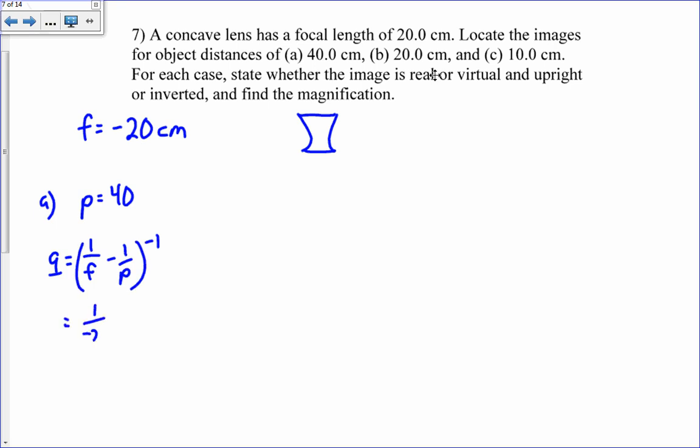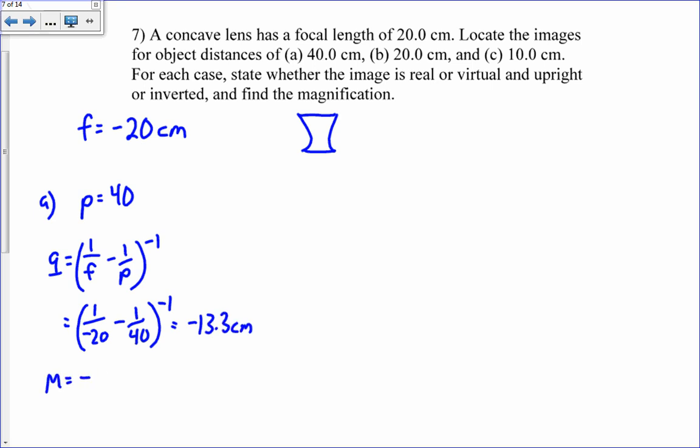That's 1 over negative 20 minus 1 over 40. Gives me an image distance equal to negative 13.3 centimeters.